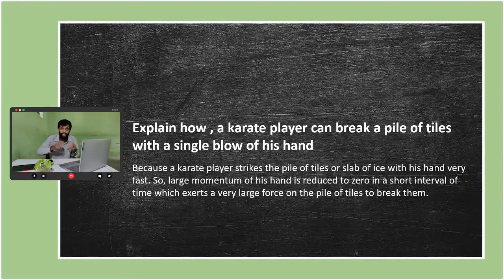You don't give much time to it. You immediately reduce it to zero. That's when the entire pile breaks. Otherwise, it won't break. So remember that: mass into velocity. The whole idea of the second law is to tell about momentum and force. The rate of change of momentum is proportional to the force that is being applied.